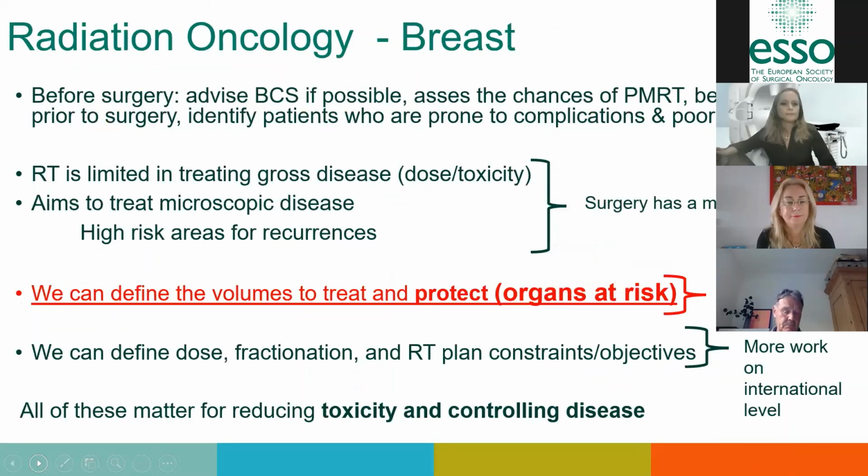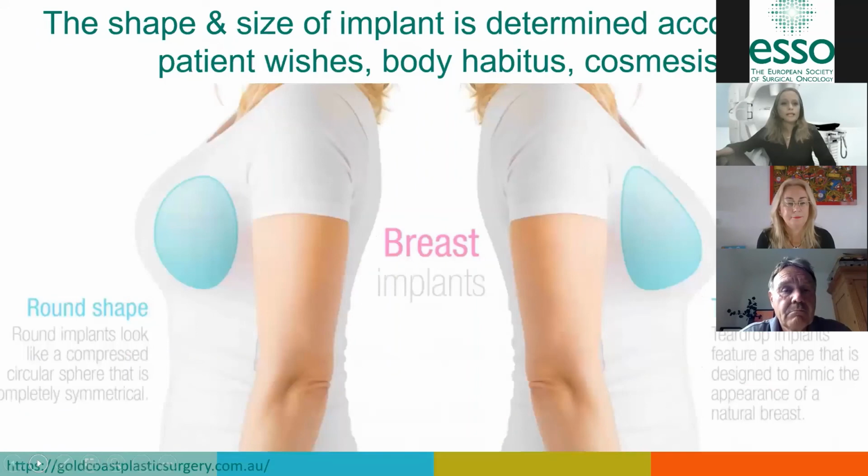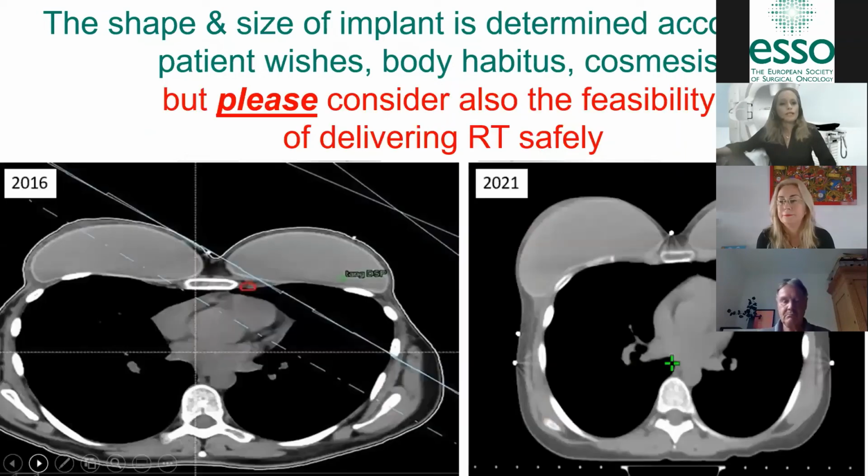So as I indicated before, we can define the volume, treat, and protect the organs at risk, but we need your help, the surgeon's help, very much in this case, because the surgeon decides with the patient the shape and the size of the implant according to the patient's wishes, body habitus, and cosmesis. But please also consider the feasibility of delivering radiation safely when you choose the implant with the patient.